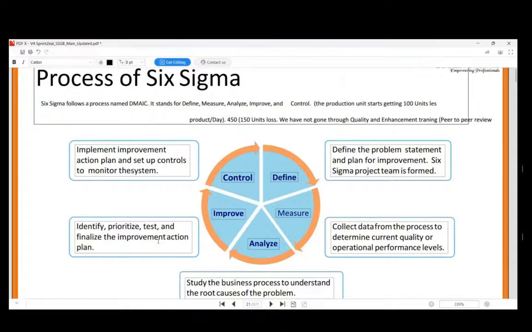Sometimes you will find there are supervisors who start scolding their reportees without understanding what the problem is. So those people are not trained in Six Sigma. Six Sigma does not say that you need to remove the people, you need to scold the people. It says you need to address the problem as top management. Now, these 10 people said, sir, what is the problem? When you started interviewing these people, what did they say?